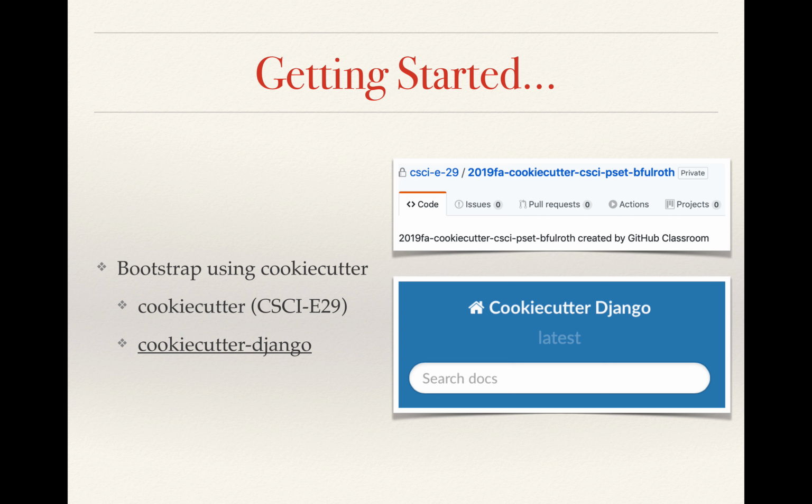I should point out that I tried some other cookie cutter Django apps or recipes on the cookie cutter site. Unfortunately, a couple of those were just too minimalistic, and so I did settle on the same one that we used for PSET 6, which is actually a really great starter. And so that's how I got started.